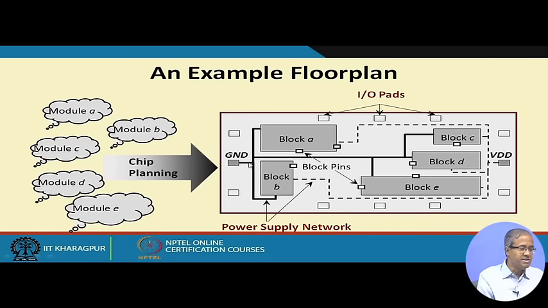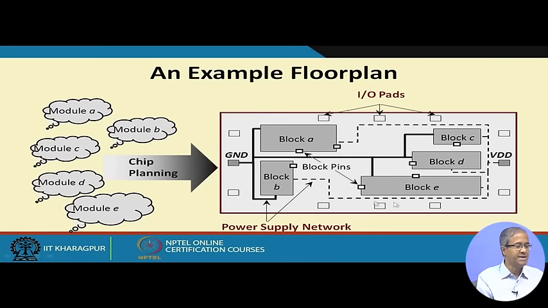This solid edge indicates the ground line, and this dotted edge indicates the power supply line VDD. As you can see, this is the norm actually. Ground and VDD lines are typically laid out on the same metal layer. These two nets, ground and VDD, are not intersecting each other, you can see.